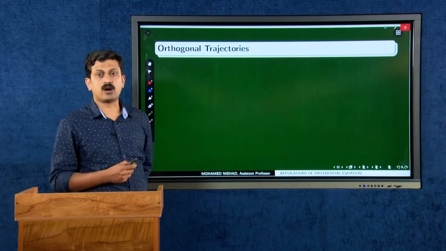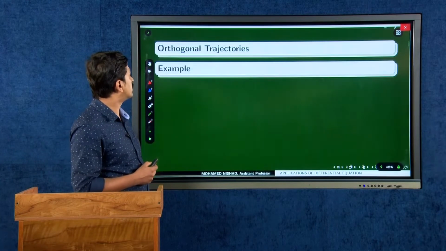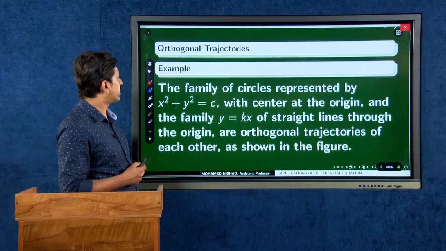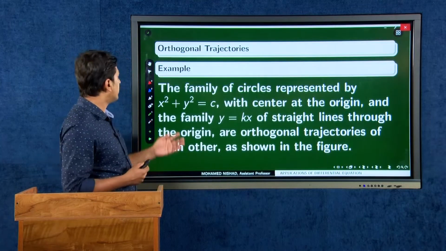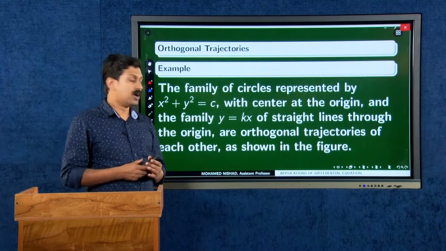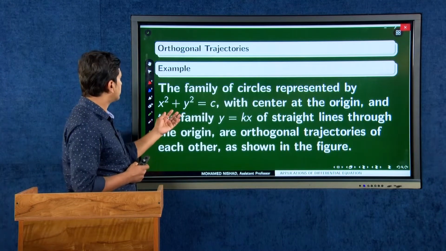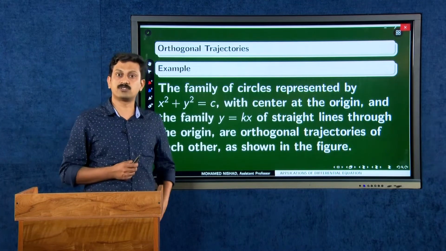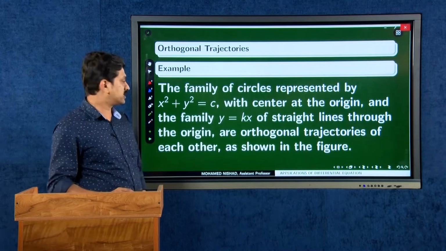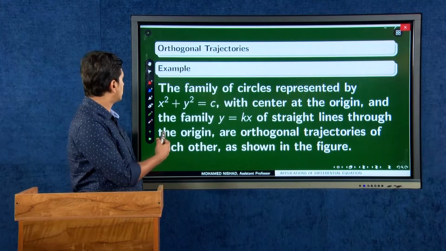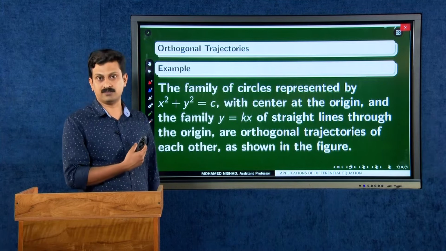Coming to the point of orthogonal trajectories that we just discussed, we can move to an example. Consider the family of curves x square plus y square is equal to c, which represents the equation of a circle.